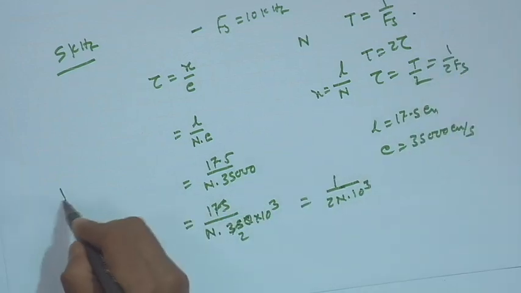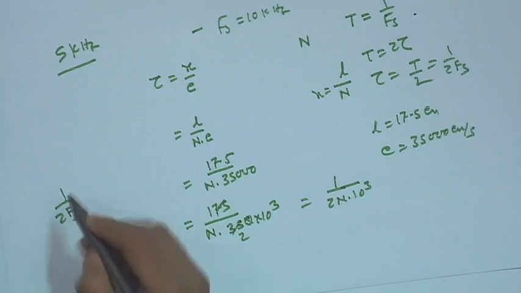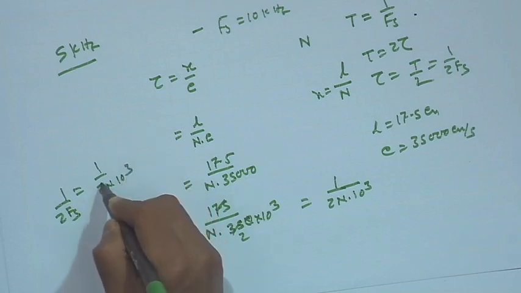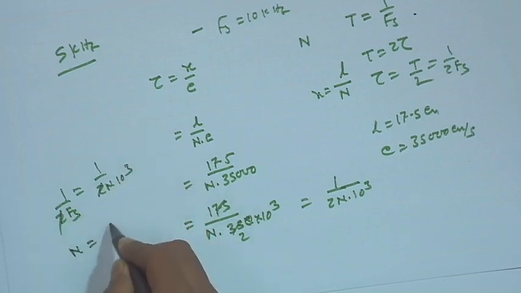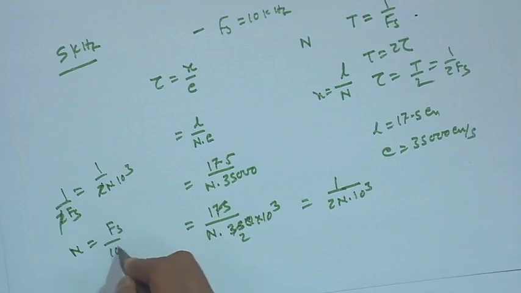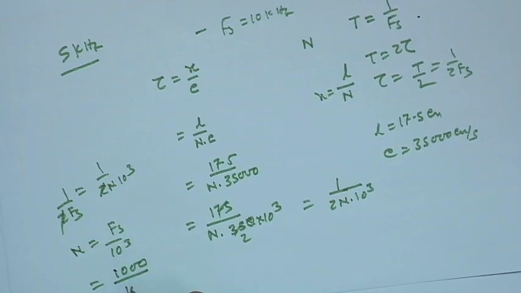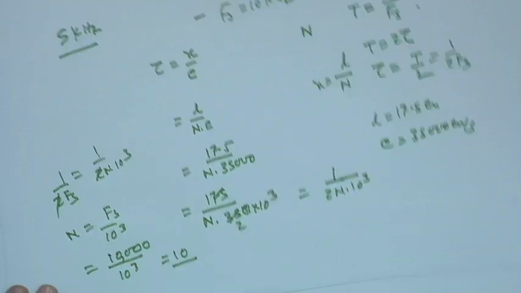So, I can write tau is 1 by 2Fs, which is equal to 1 by 2n times 10 to the power 3, the 2 cancels. So, n is equal to Fs by 10 to the power 3. Fs is equal to 10 kilohertz, so n is nothing but 10 sections.